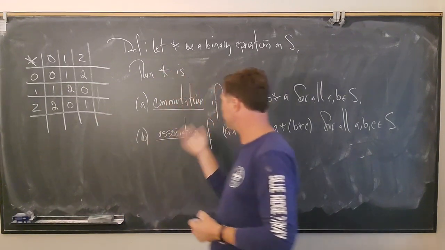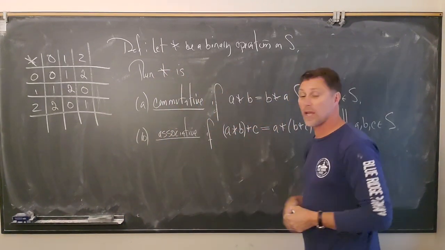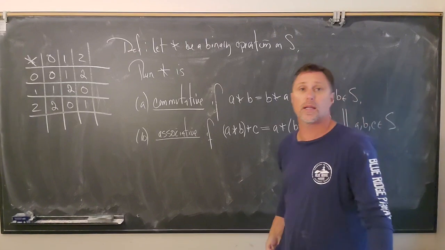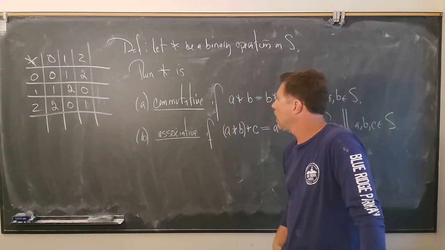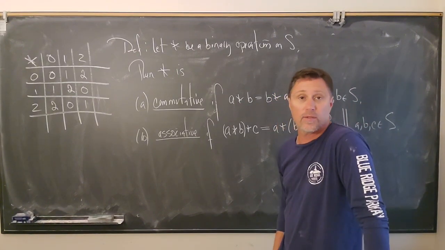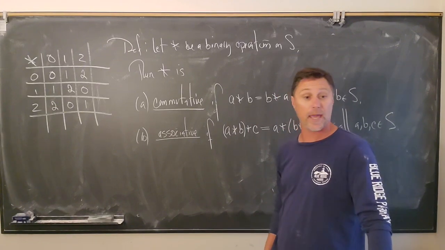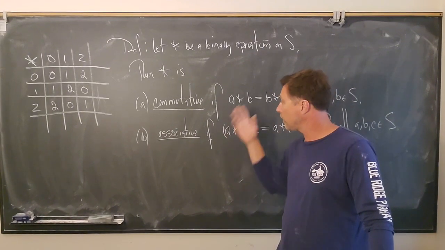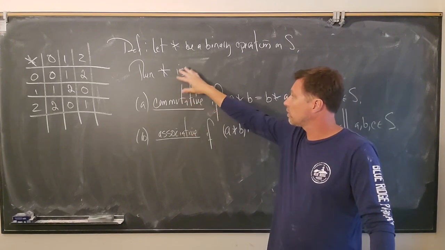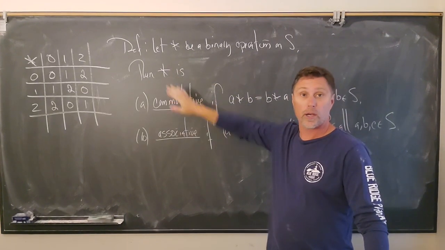You've seen both of these words before, mostly in the context of addition of integers, rational numbers, real numbers, and so on. Multiplication also. Now what we can do is generalize these terms to an arbitrary binary operation.